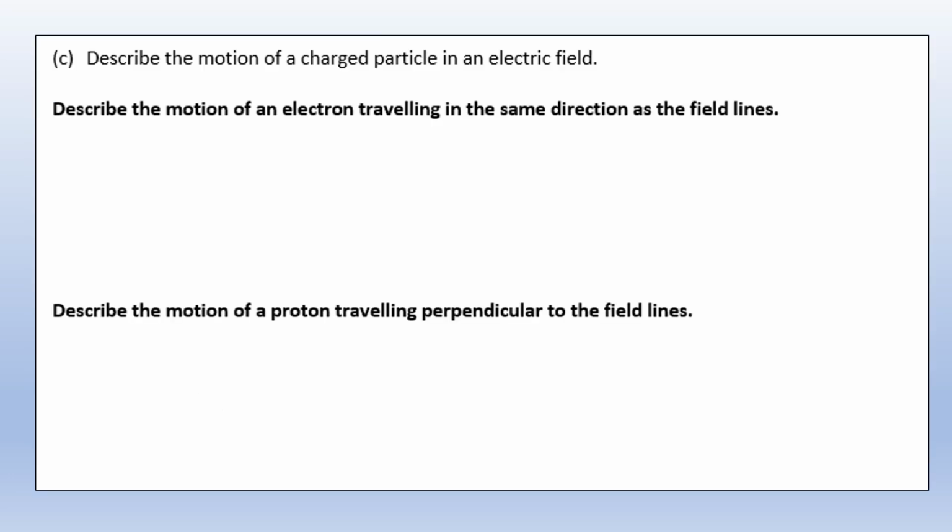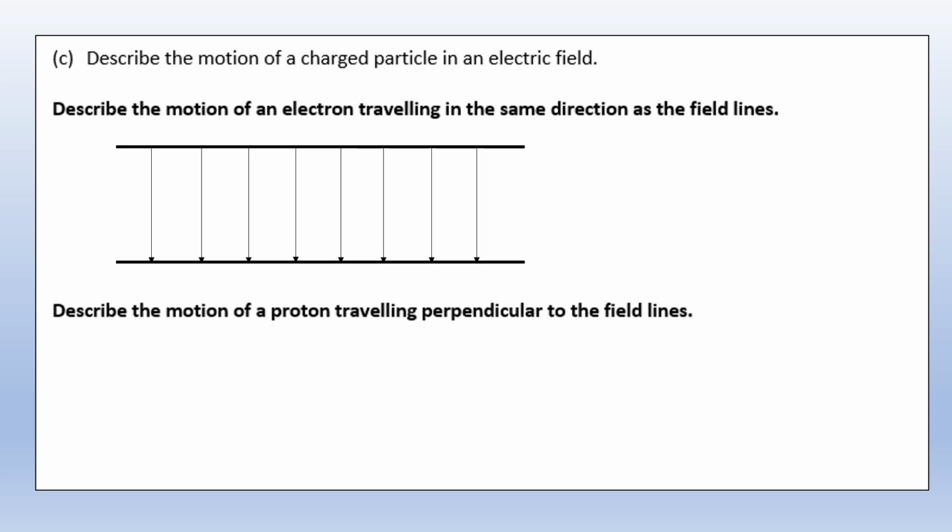Okay, so now we've talked about a uniform electric field, we're going to describe what happens if we send an electron through a uniform electric field. First of all, we're going to look at an electron traveling in the same direction as the field lines. Here's our uniform electric field, and field lines go from positive to negative, so we can put in the positive where the positive plate is.